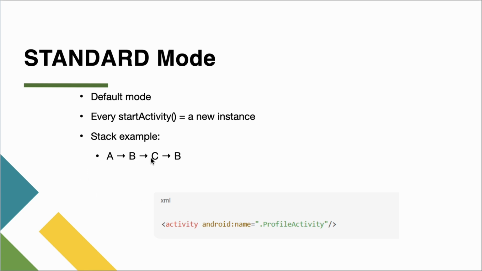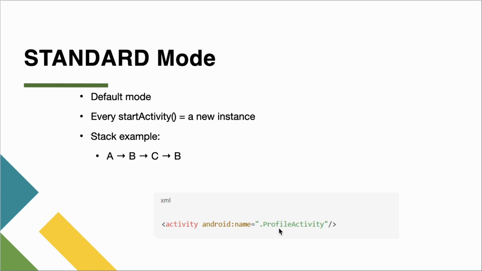Even if B is not on the top, C is there on the top, it will create a new instance. So that is what the standard mode is about. It will keep on creating a new instance no matter if that particular activity is already there on top of that instance. So this is the example of XML, how we call the activity in the manifest file.